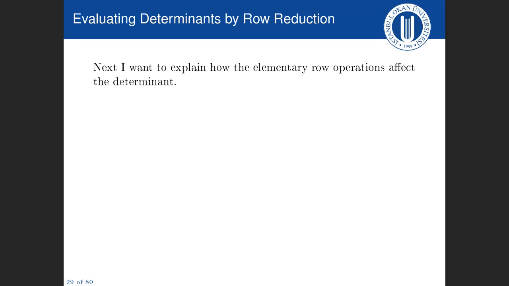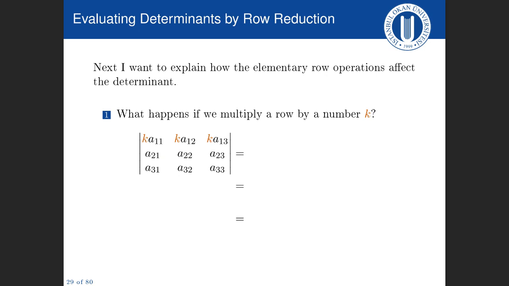Next, I want to explain how the elementary row operations affect the determinant of a matrix. What happens if we multiply a row by a number k? Let's do cofactor expansion along the first row. So it's going to be k a11 c11 plus k a12 c12 plus k a13 c13.